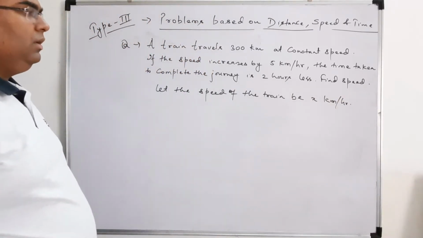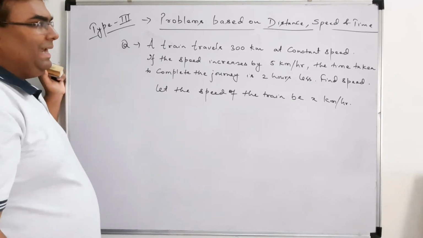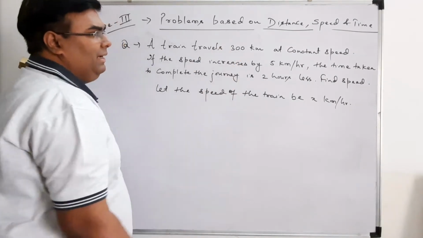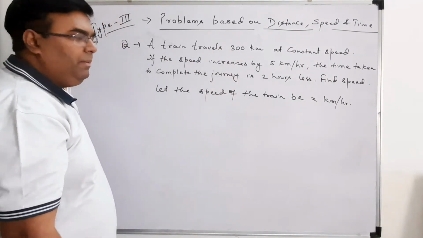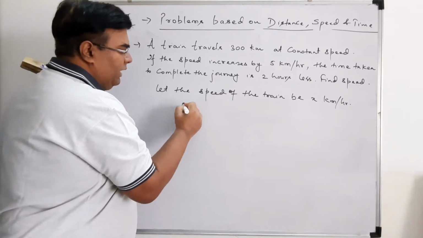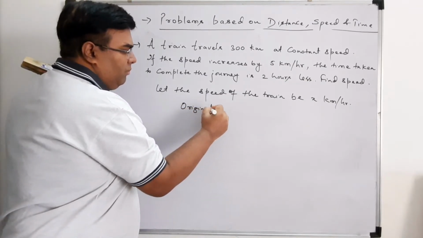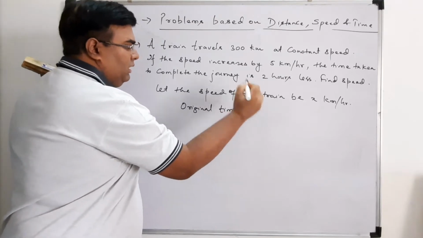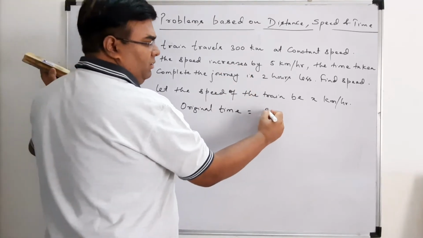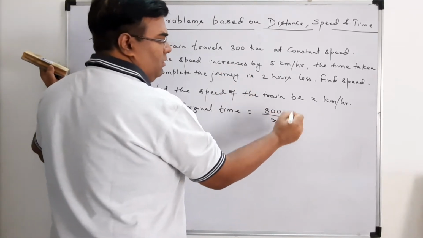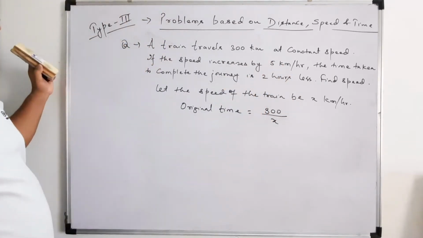Correct? So if the speed is x and distance is 300 km, what is the time? So my original time is distance upon speed, right?